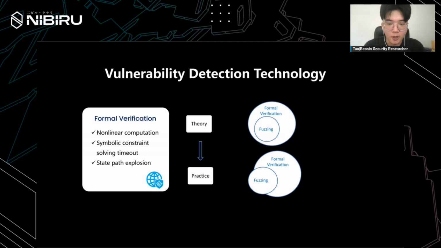So in practice, the bugs found by fuzzing and the bugs found by formal verification have an intersection, and each has its own outcomes. That's why when we do audits, we always use a combination of fuzzing and formal verification.